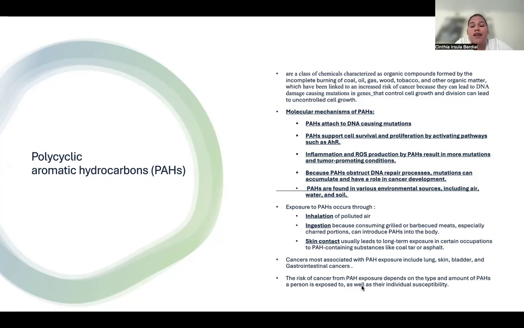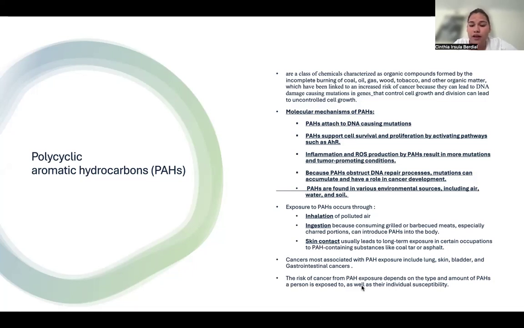Exposure to PAHs occurs through inhalation of polluted air, and through ingestion, because consuming grilled or barbecued meat can introduce PAHs into the body. Skin contact usually leads to long-term exposure to PAH-containing substances like coal, tar, or asphalt.